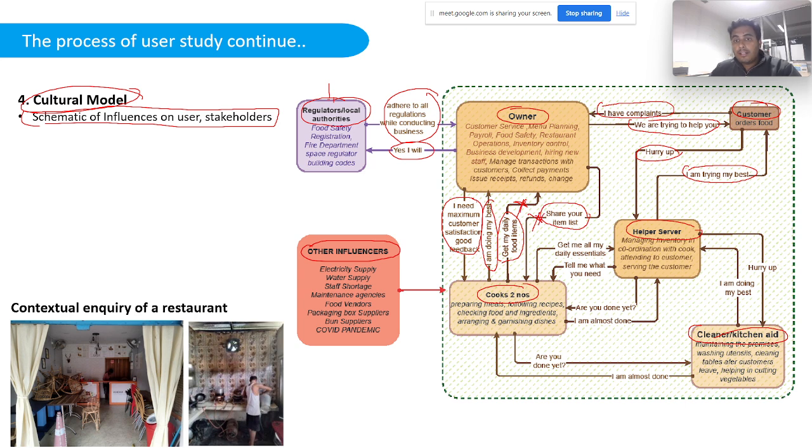That's why that particular item is missing in the menu. In this way also we can identify where a problem happens in a particular context. So this is again a mind map where we capture the influence of people in that particular context or scenario of use. Okay, so this is the cultural model.